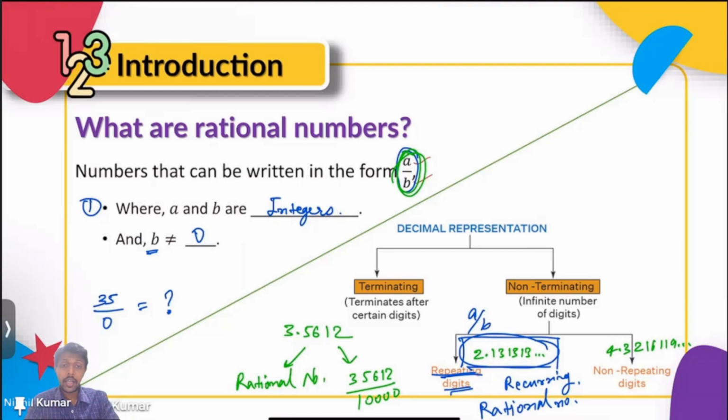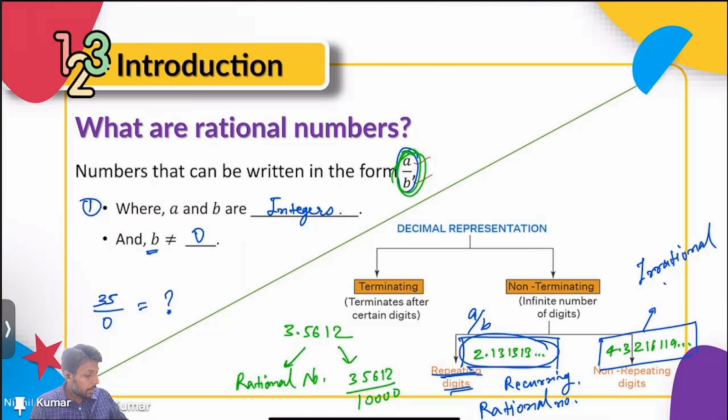Let's come to the next one, where there's no specific pattern in the digits that appear after the decimal point. What do we do then? Such decimals can't really be written in the form a upon b, and these ones are irrational numbers.